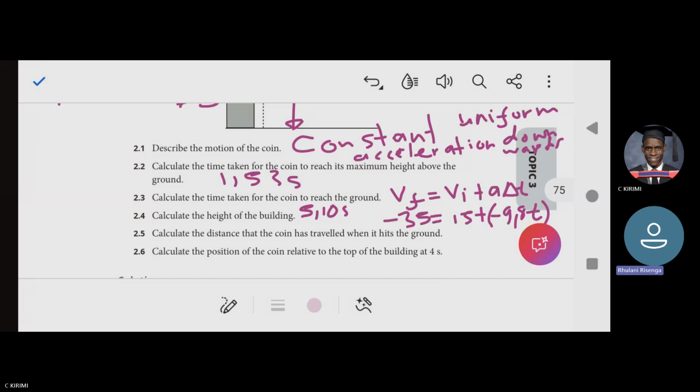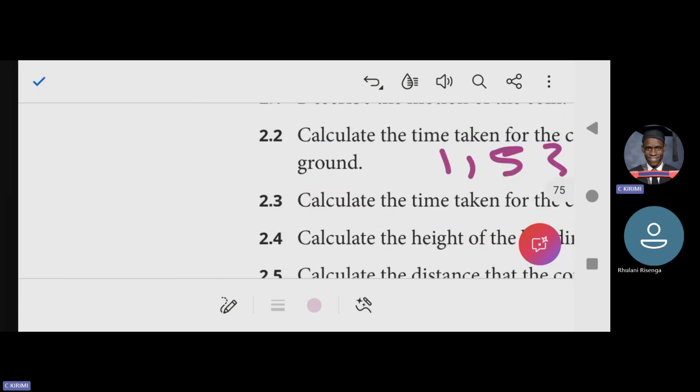At 4 seconds. Number 2.4 was the height of the building, isn't it? Yes, which we calculated as 51. And the total distance that the coin traveled, which means you are not only adding the 51, it will be for the whole parabola.